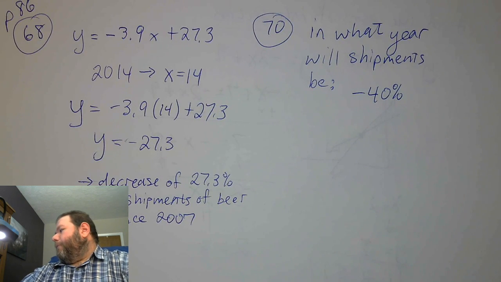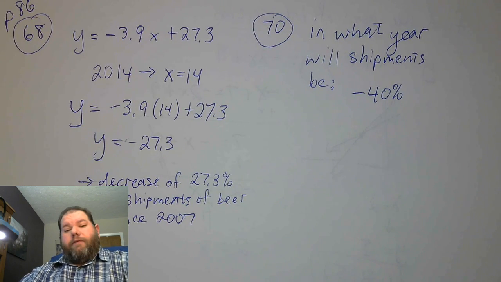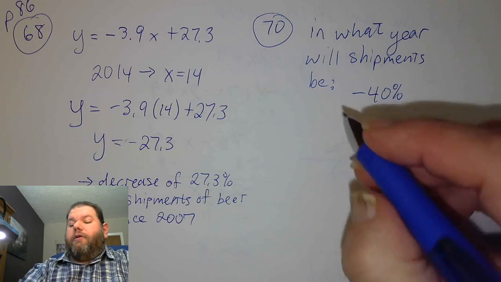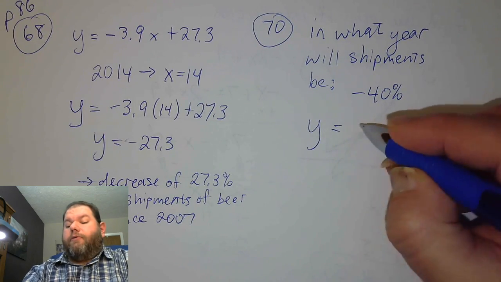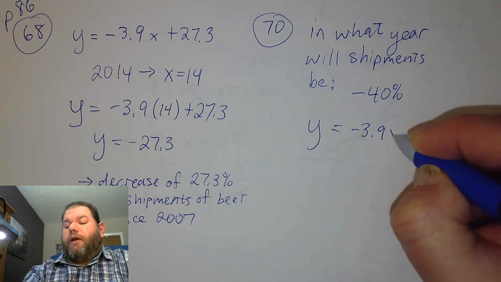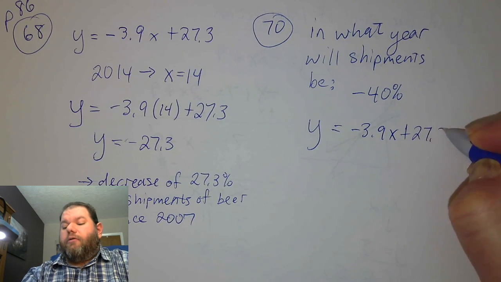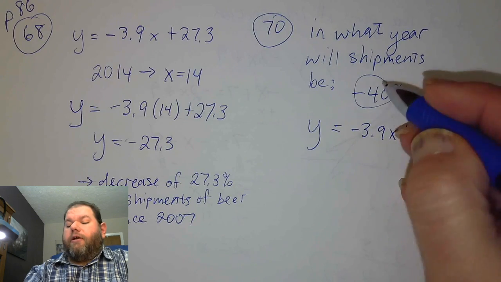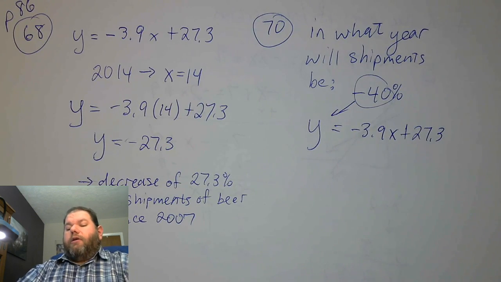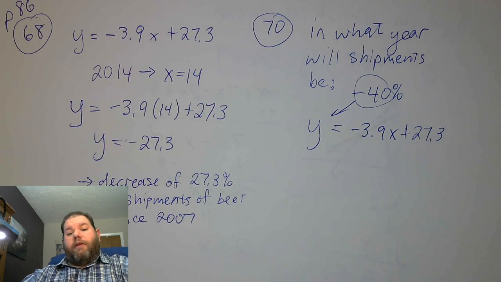So negative 40%, that means we'll take our y equals negative 3.9x plus 27.3, and we're going to take negative 40, and we'll actually plug that in for y instead of x.